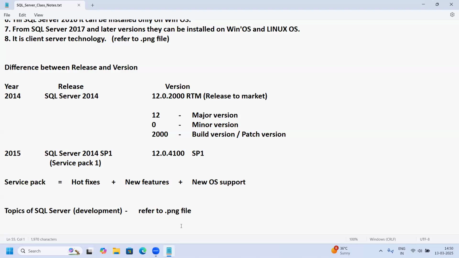Even if I list the features now, that's only for writing, because we cannot learn those features at this stage until you enter completely into the practicals of SQL Server. So let's not waste our time on it. It's of no use. Better is to understand those features practically.